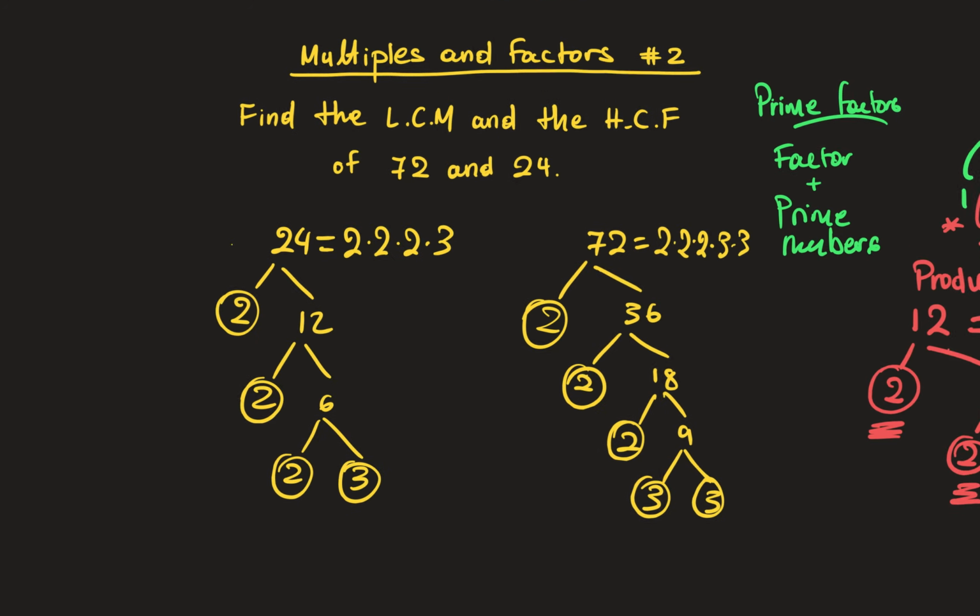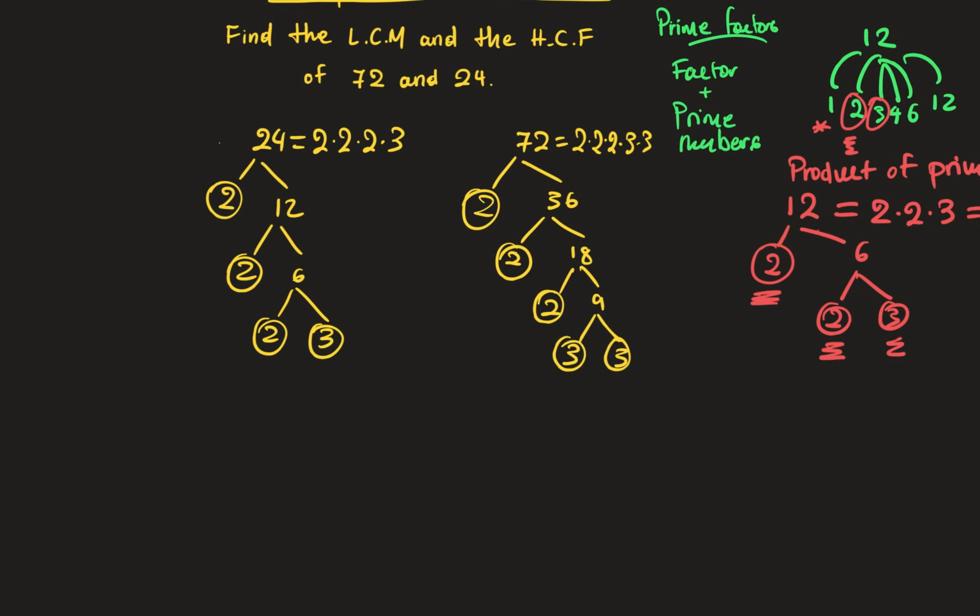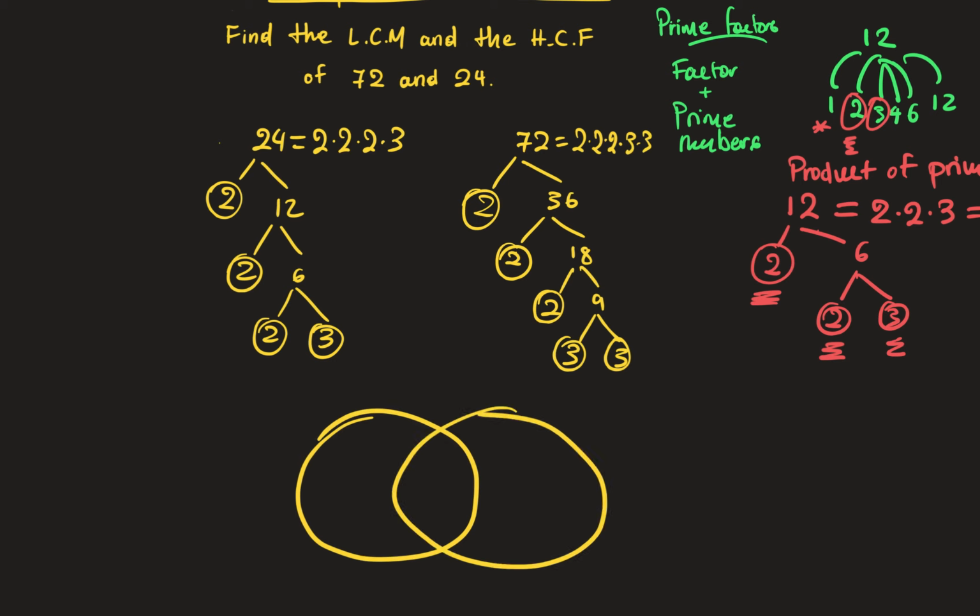Right. The way we carry on from here is by constructing a Venn diagram. I'm sure you've seen it before, right? It's the one where you have the circles. And actually, I'm going to need a bigger one. Let's just make a bigger circle. And everything they have in common goes in the middle. So 2 is common to both numbers, so that goes in the middle. And I'm talking about the first 2.